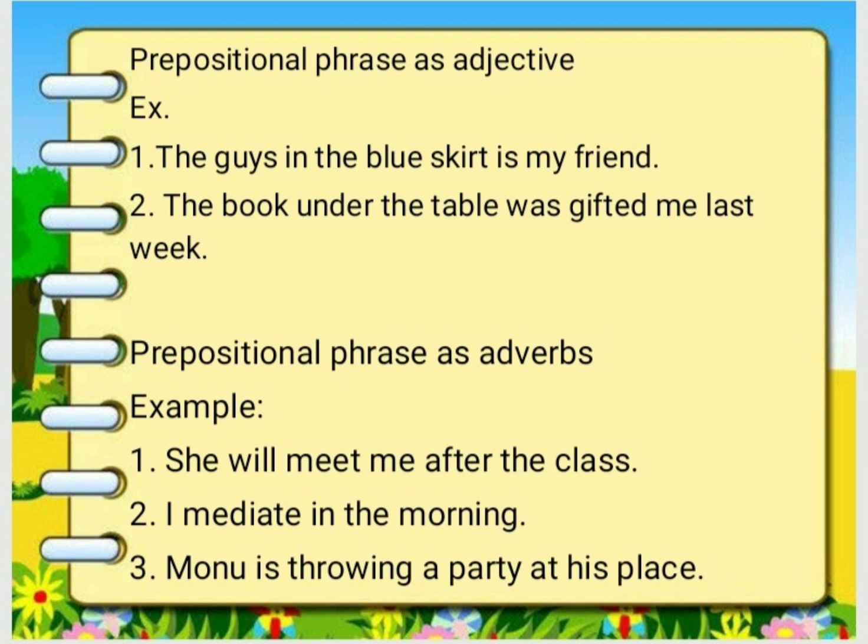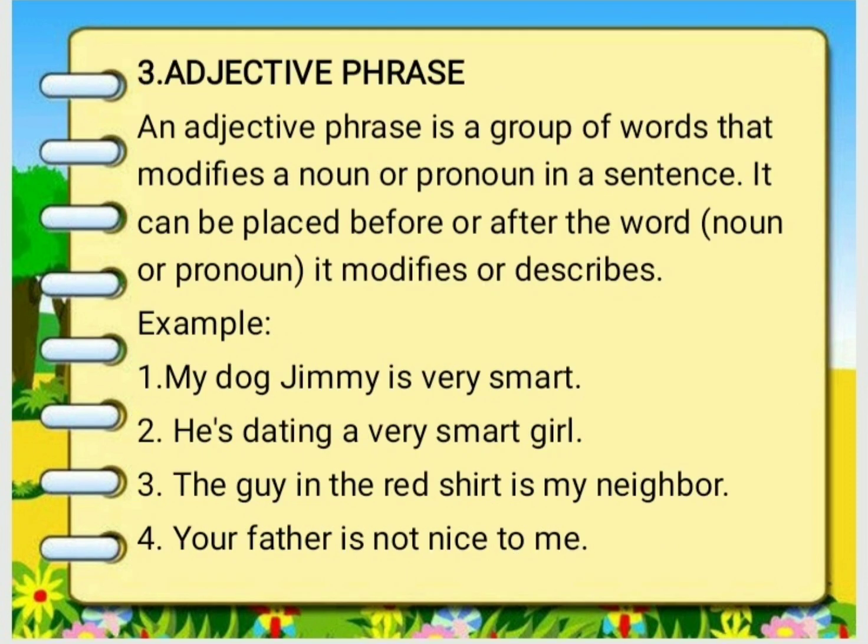Alam natin at is a preposition and place is the object of the preposition. Nagbibigay siya ng impormasyon about the place of the action. So, we have seen that a prepositional phrase starts with a preposition.